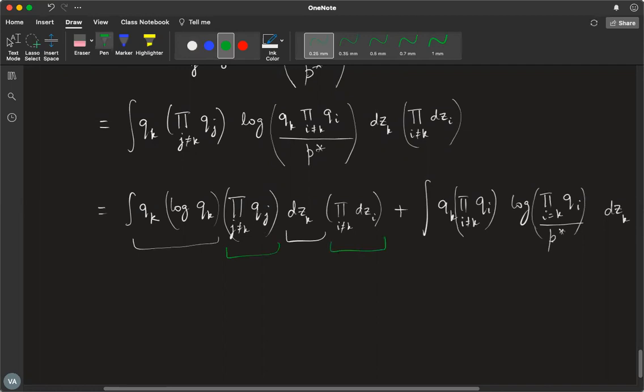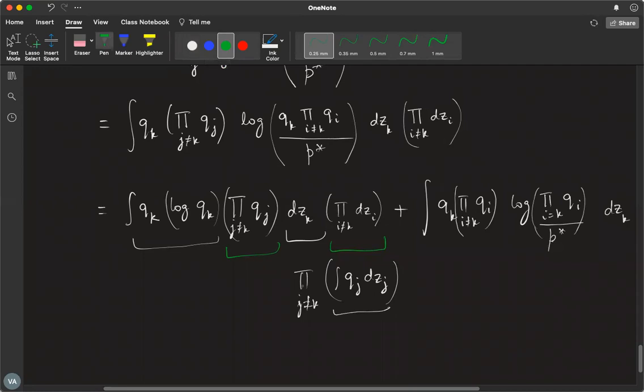Integration of qj or qi and summation over all the z's, right? Basically, and you know that the integration of any qj times dzj, and product over all j not equal to k, right? And you know this thing is 1.